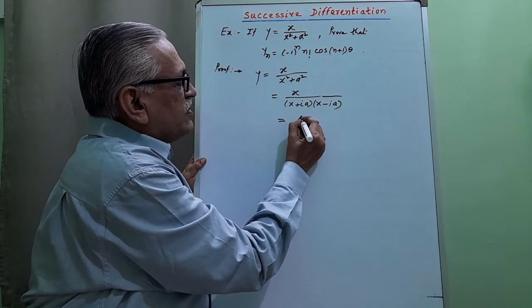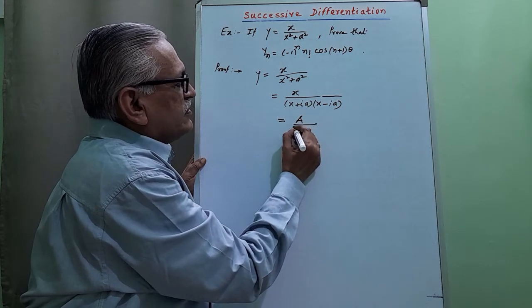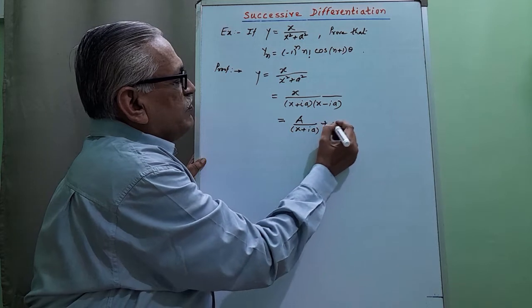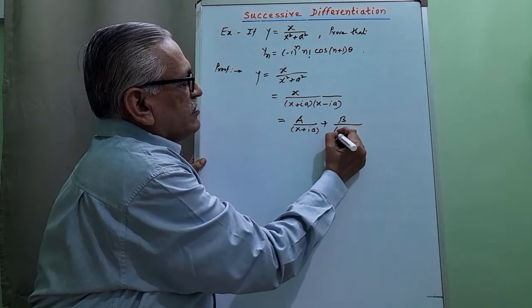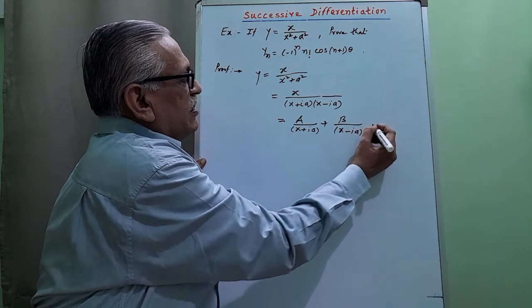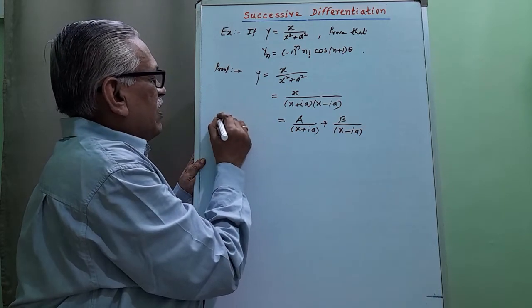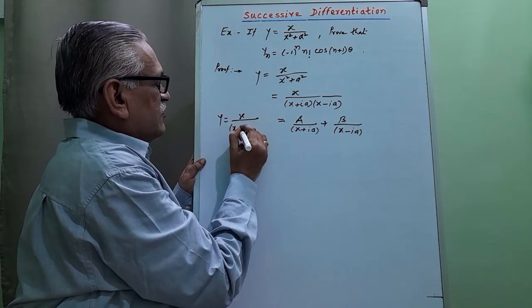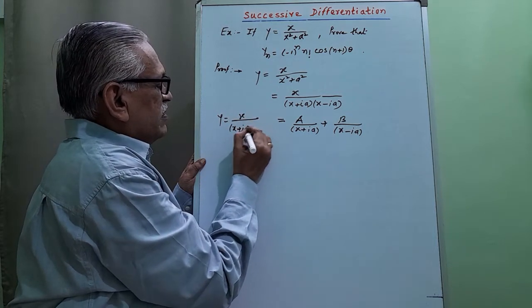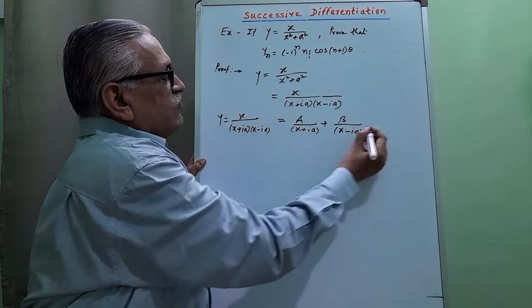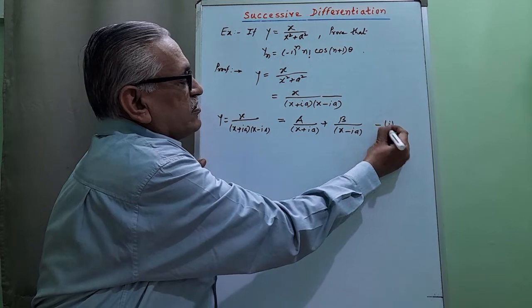Making partial fractions, a upon the first factor and b upon the second factor, y is equal to x upon x plus ia into x minus ia, and we call this equation 1.